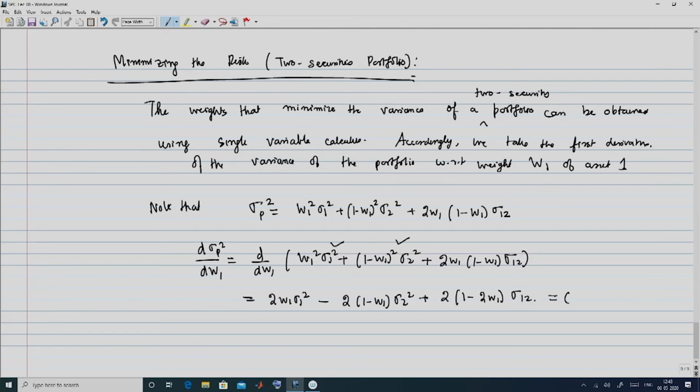And in order to determine the maxima and the minima, or the value of W1 at which this will be a minima, we solve for W1.